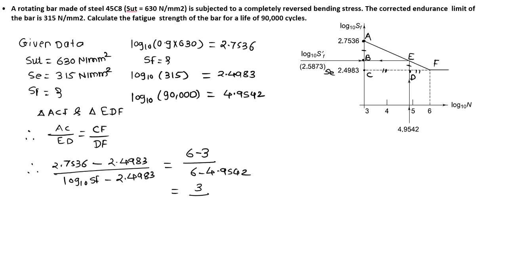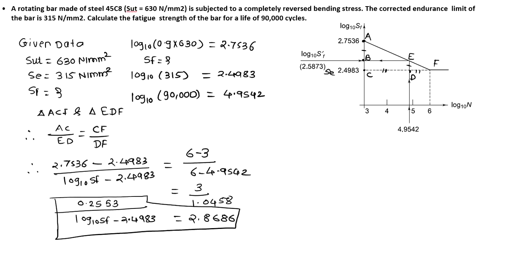This value is 1.0458, so this ratio will become 2.8686.